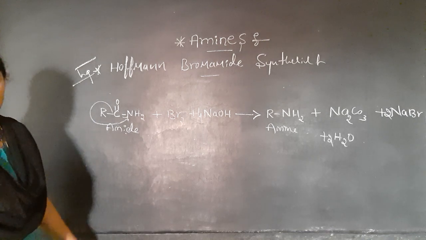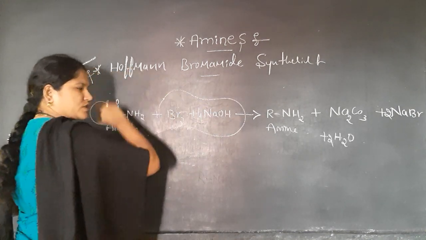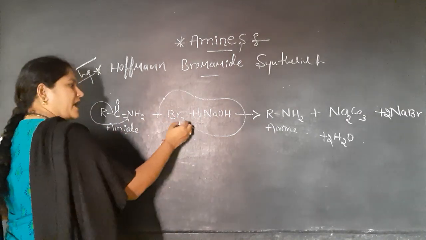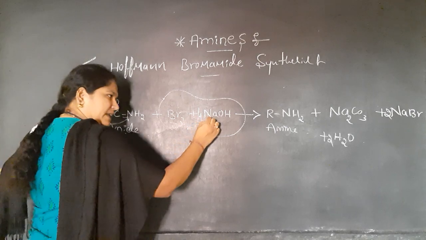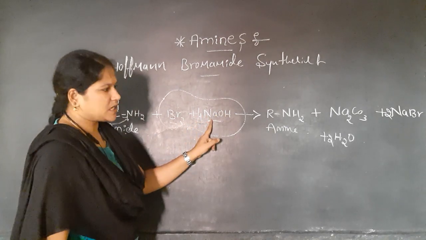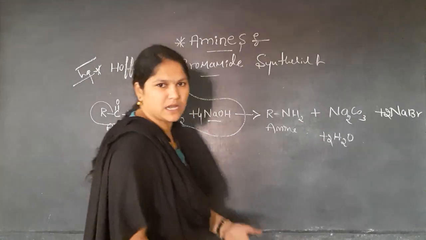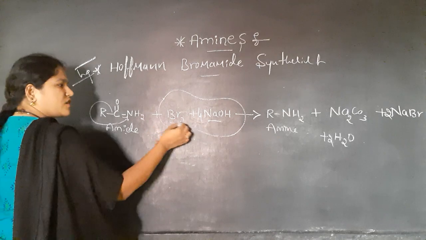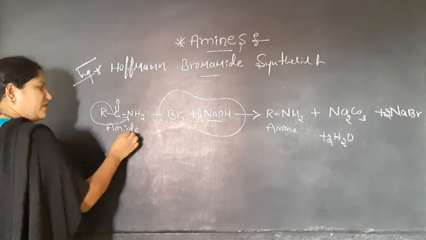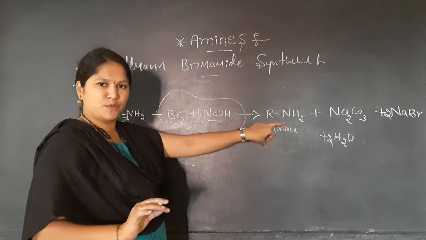A very important reaction. You have to note this for the entrance examination. We don't know how the question will arise, but focus on the reactants we are considering. If we have bromine and NaOH, we can also take KOH instead of NaOH. If you consider KOH here, you have to replace the products with K2CO3 as well as KBr. That's it. So whenever the combination of Br2 and alkali, NaOH or KOH, is treated with an amide, we always get an amine.